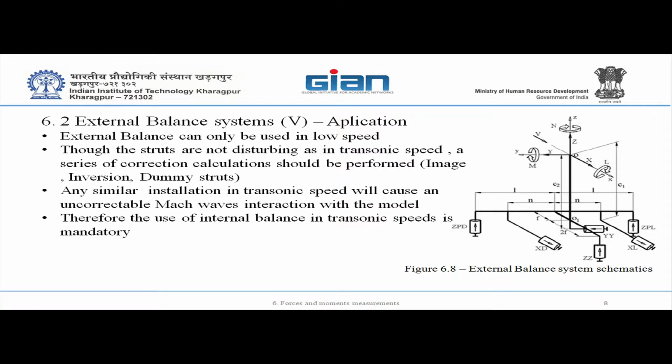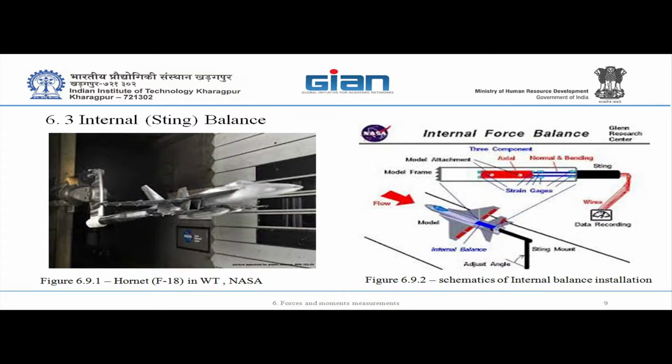Since we know there is a disturbance there, we are not able to run it in transonic. In transonic, we are using a sting balance. In this photo, you see a Hornet F-18 in one of NASA's wind tunnels.